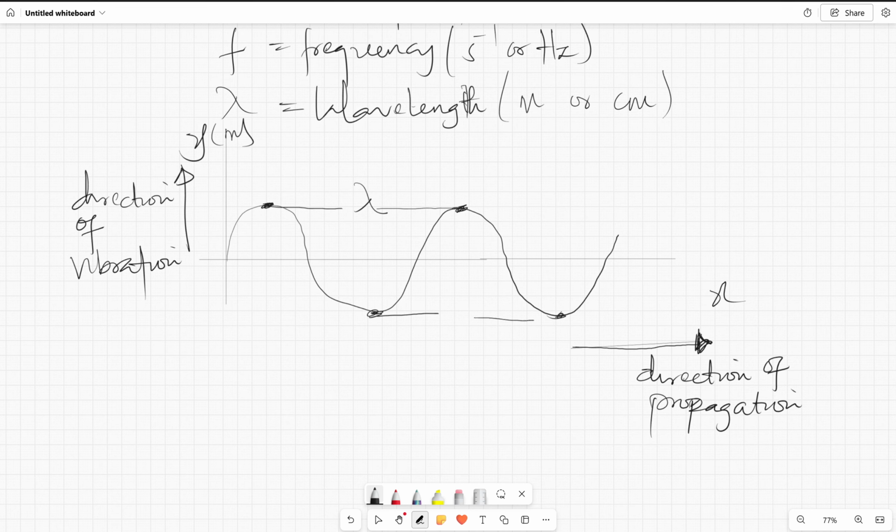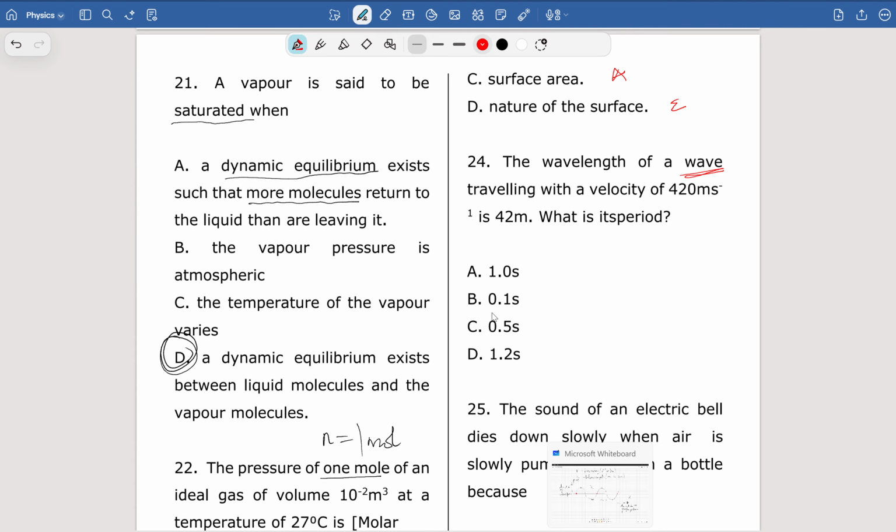Here down to there is lambda. From this point to this point is one complete wave. Also from this point to this point is a complete wave. So here I basically have two complete waves, right? So let's quickly move to that question so that we can move on. So the wavelength of a wave traveling, yes, you have the wavelength there.